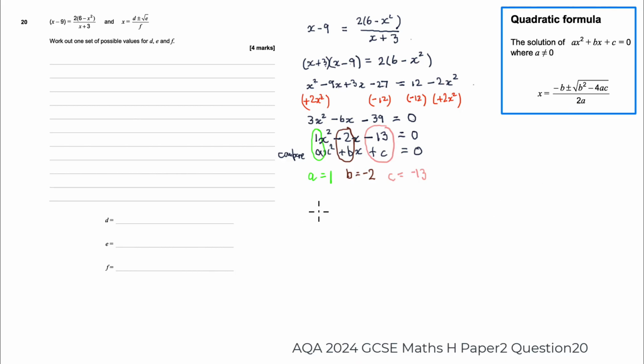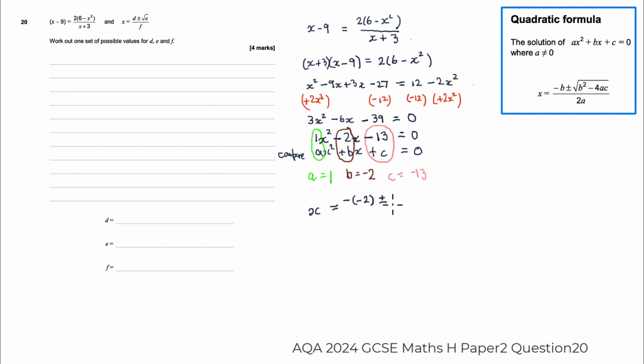Now we know that the solution to ax squared plus bx plus c equals 0 is given by this quadratic formula. So that's x equals negative b. Well, that's the negative of negative 2. Plus or minus, there's always a choice.